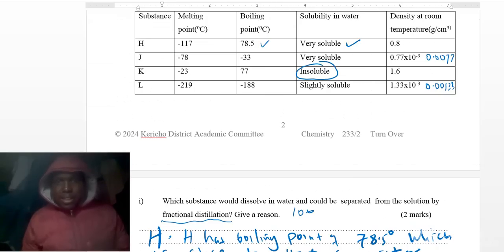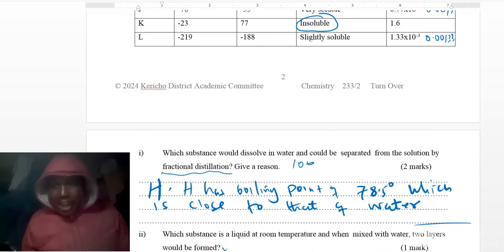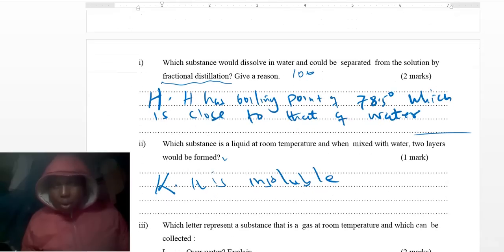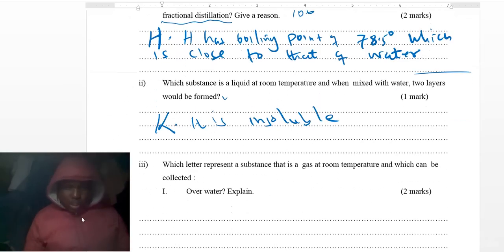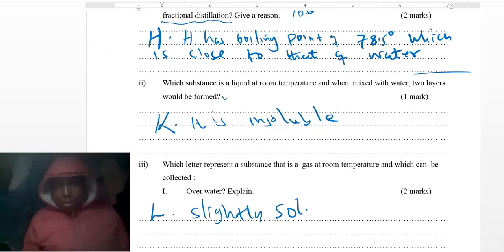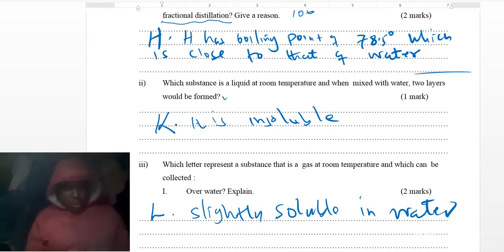The other two are very soluble. Therefore, the correct answer should be L, because we know a gas that is collected by the over water method should be slightly soluble in water. So the answer is L, slightly soluble in water.